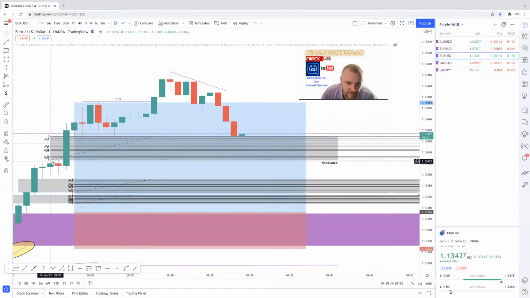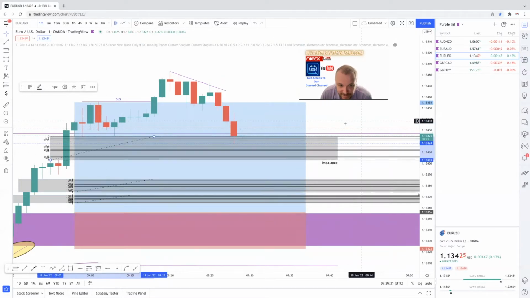So again, imbalance is basically where we had the last candle here. Okay, we had a little bit of a selling power here to sort of mitigate into that. But all of this between this wick up to this wick here, this here has just been solid buying power.